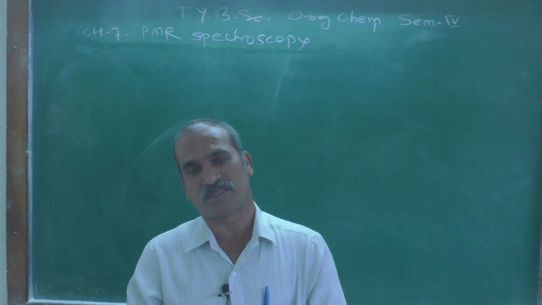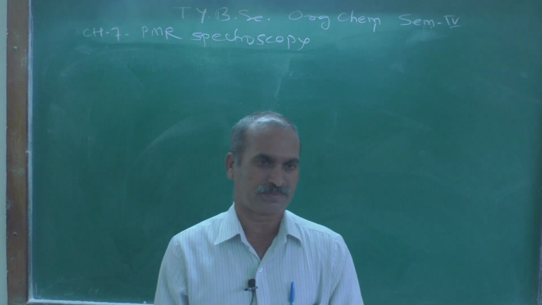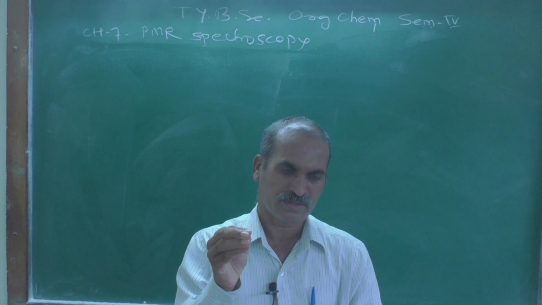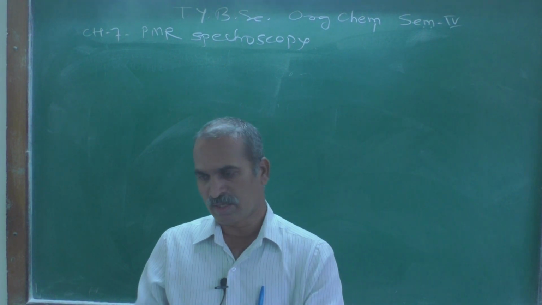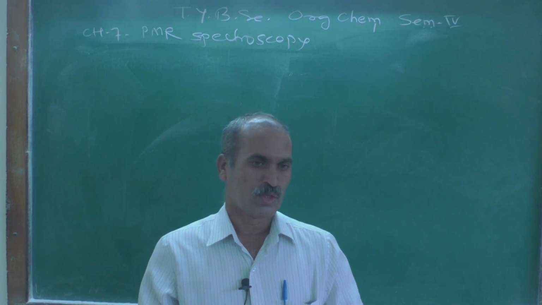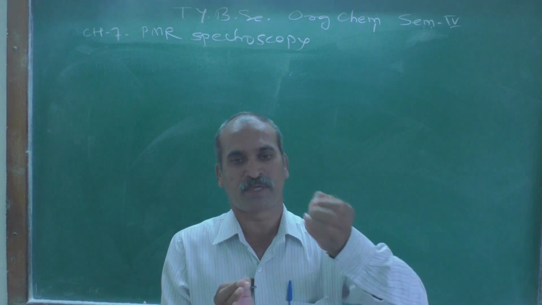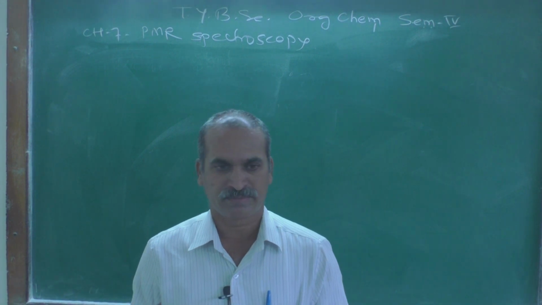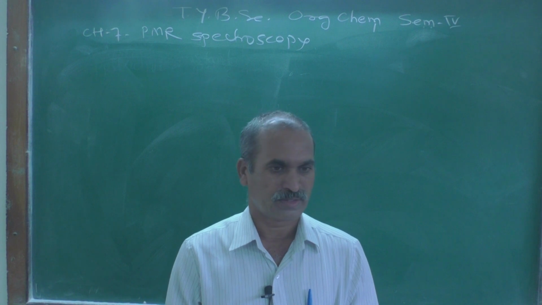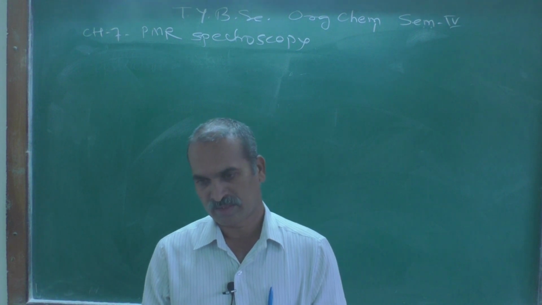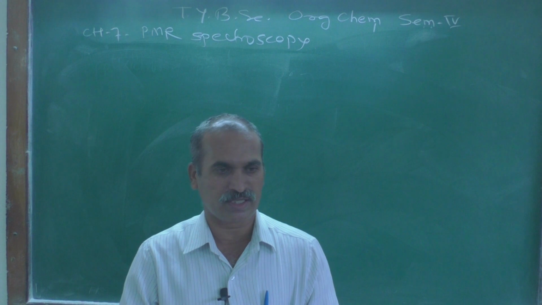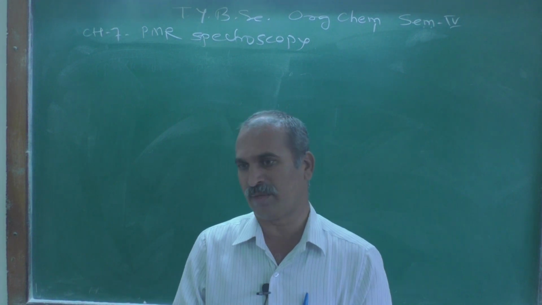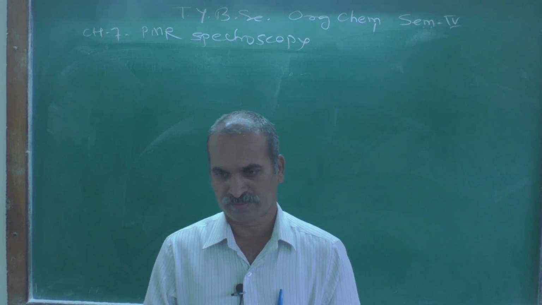The position of the signal means chemical shift, which gives us information about what kind of protons are present in the molecule. The position of the signal means chemical shift or delta value.